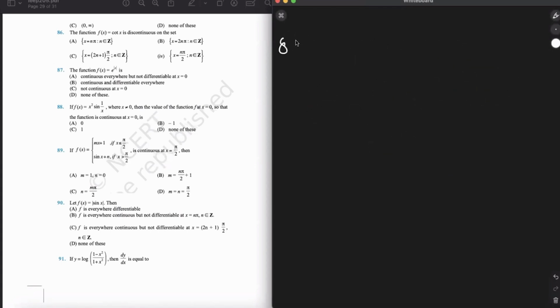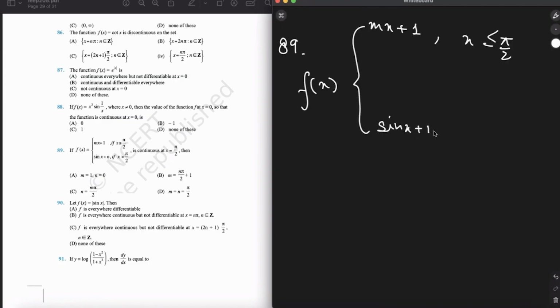Let's move on to the next question. So I have f(x) given to me as mx plus 1 for x being less than or equal to pi by 2, and sin x plus n for x being greater than pi by 2.